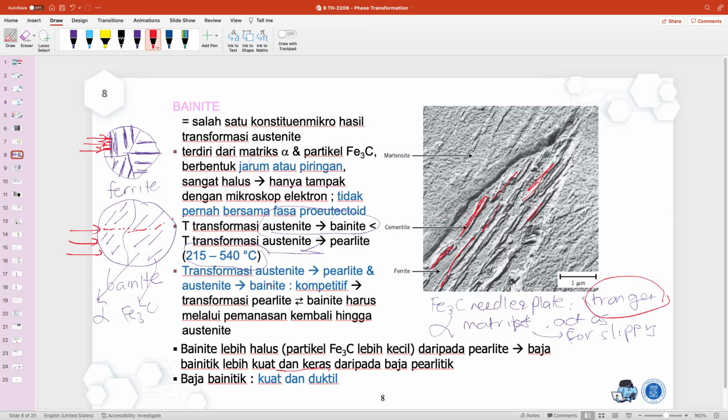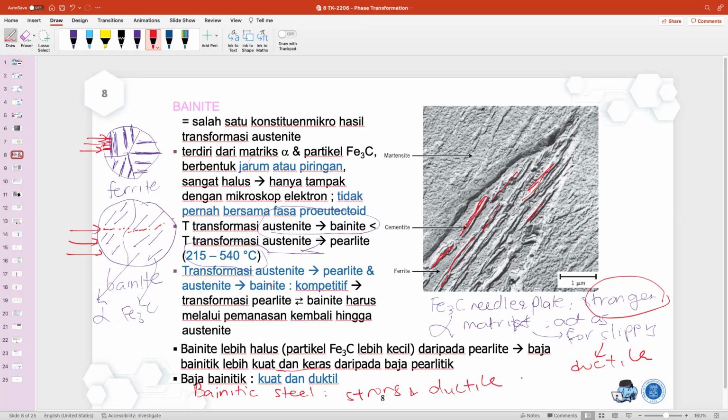And with the alpha matrix acting for slipping, it can absorb energy, bend, have plastic deformation, and become ductile. So bainitic steel, baja bainitic, is strong and ductile.